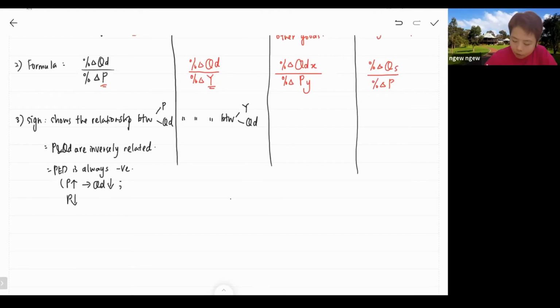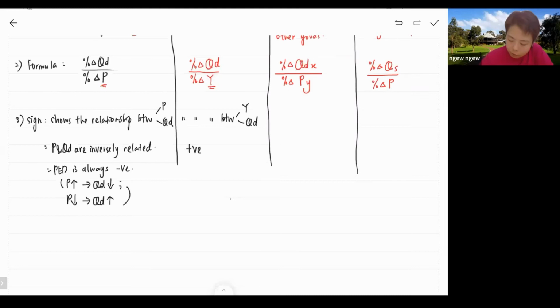Likewise, when price falls, QD always rises. So this is what we call negatively or inversely related. Therefore, PED is always negative, as mentioned in the video before. But this time round, when it comes to income elasticity of demand, it can be positive, it can be negative.